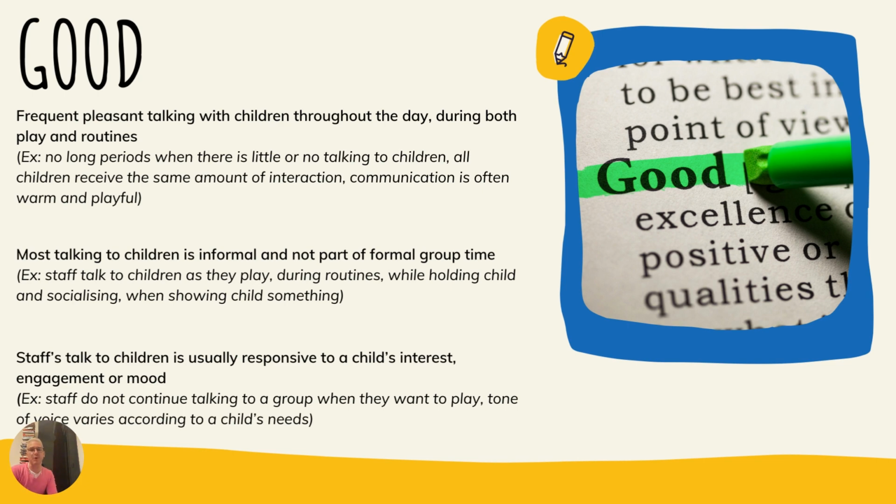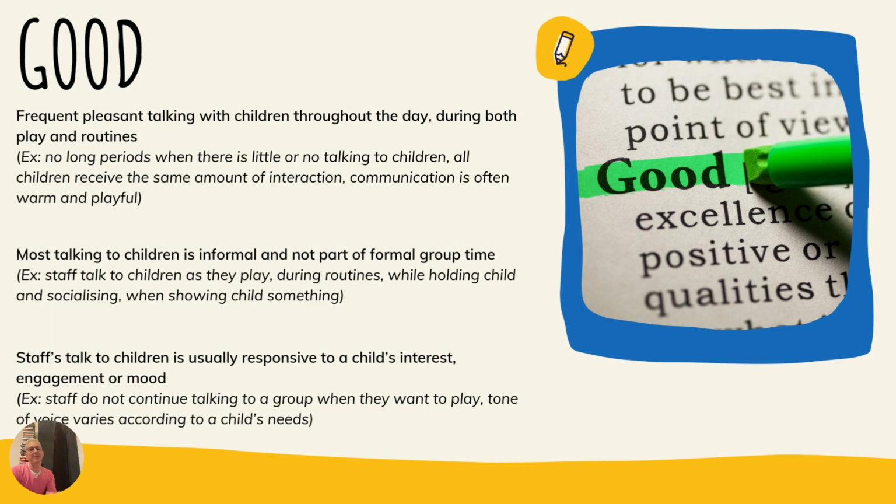This is an example of good interaction, good talking with the children. It's playful, it's connected to what they're doing, it sparks their interest, it's using different tones. So those 3 parameters, frequent pleasant talking, most of the talking is informal and not part of formal group time, and talking is usually responsive to a child's interest.